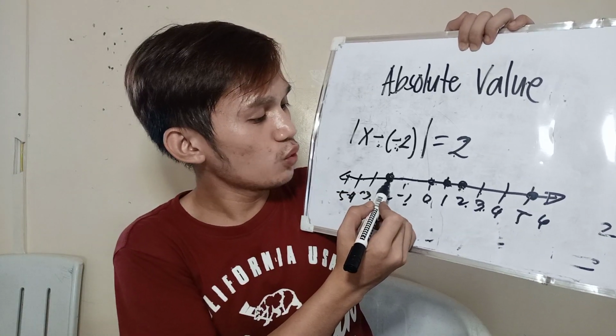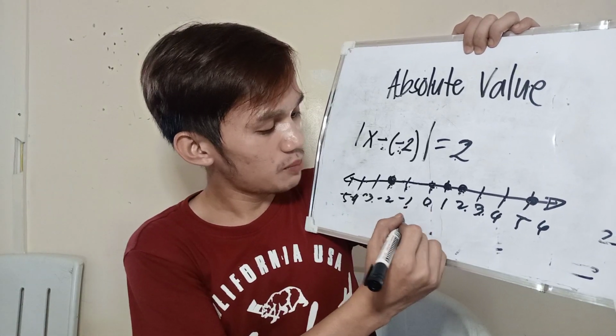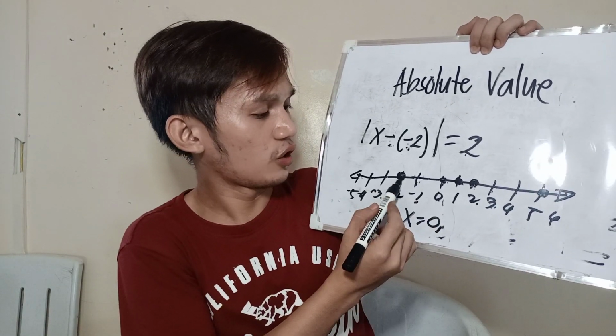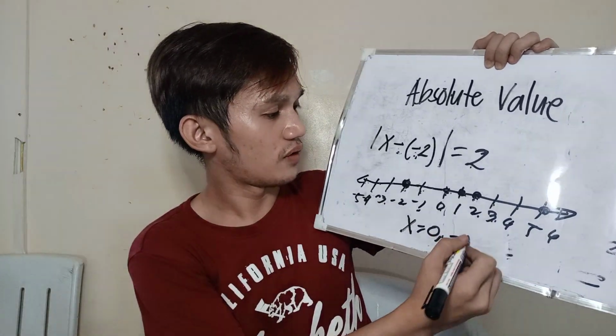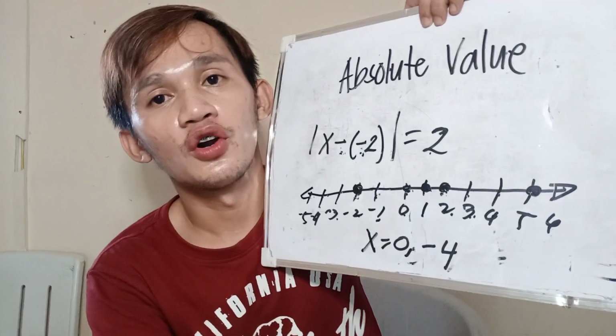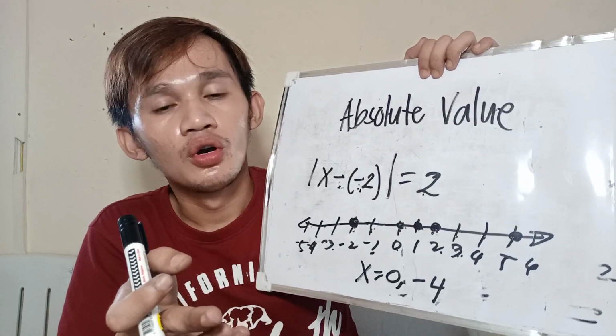From negative 2, 2 units away, so we have 1, 2. So the possible values of your x are 0, and then going to the left, 1, 2, so negative 4. So those are the possible values of your x. And that is definitely absolute value.